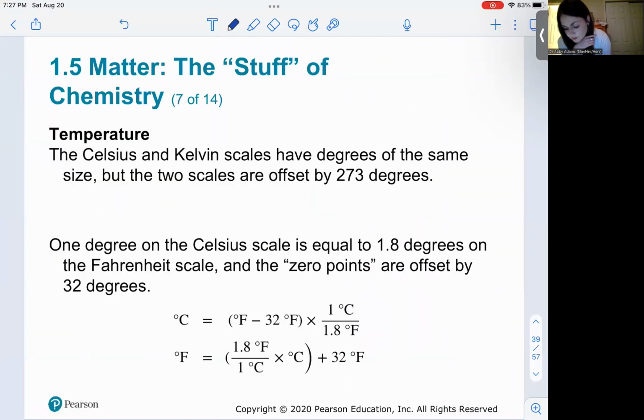If you want to know Celsius and you're given Fahrenheit, you have to subtract 32 degrees from that, and then you multiply by 1 degree Celsius over 1.8 degrees Fahrenheit. And you have your formula here for figuring out degrees in Fahrenheit if you're given Celsius.